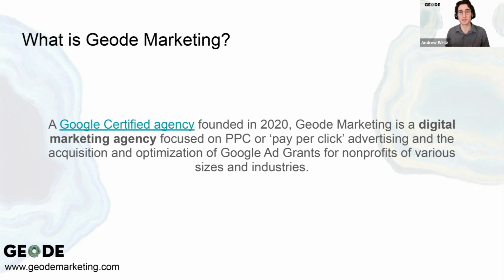We specifically focus on acquisition and optimization of the Google Ad Grant for nonprofits. We work with various industries and sizes, nonprofits from one person who's running everything to a whole team. My name is Andrew Wirtz, and I'm the founder and a Google Ads expert. I have been working in the field for about 5 years.